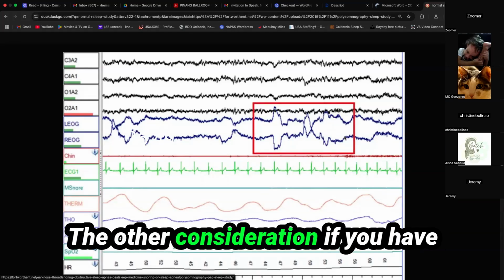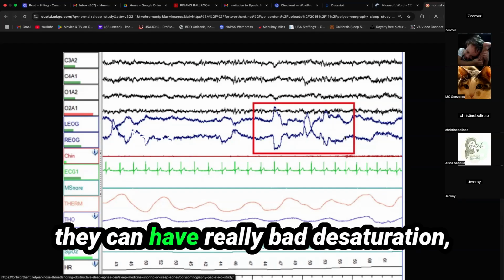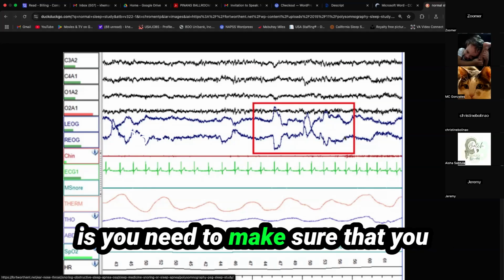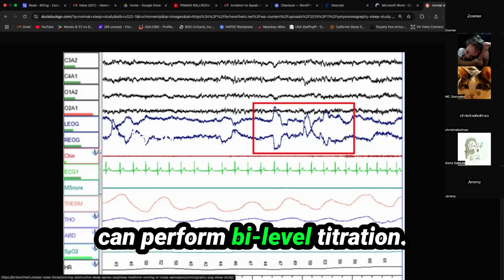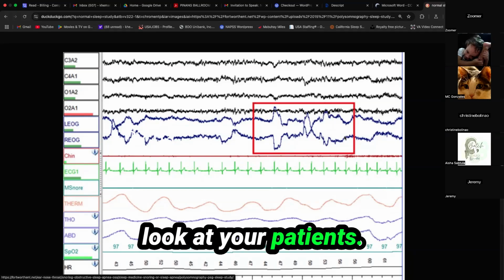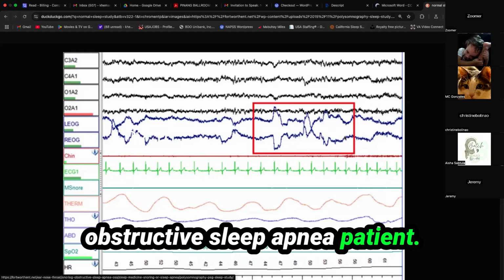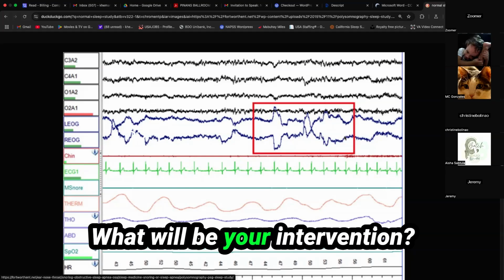The other consideration, if you have severe or morbidly obese patients who can have really bad desaturation, is you need to make sure that you can perform bi-level titration. Take a step back and look at your patients. If your patient is OSA, an obstructive sleep apnea patient, what will be your intervention?